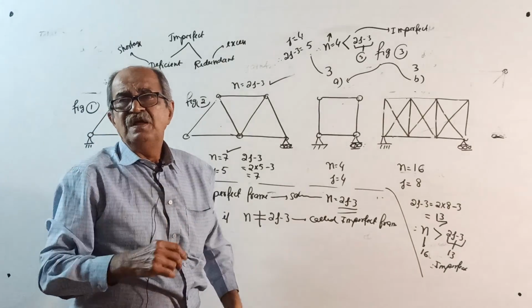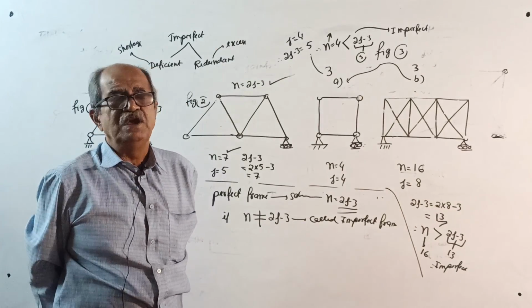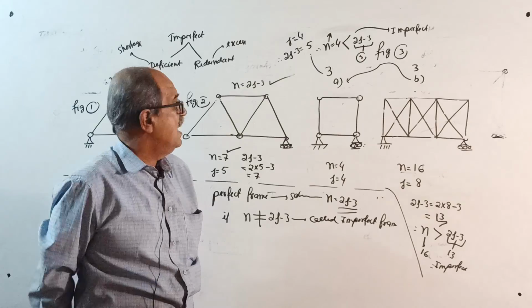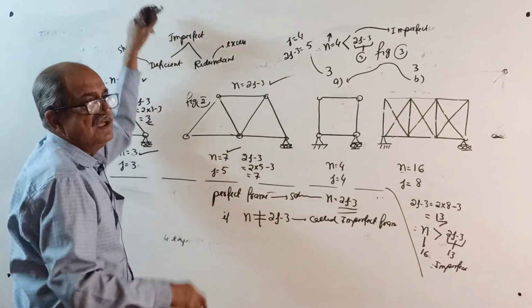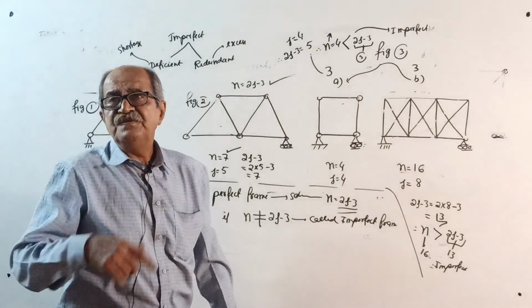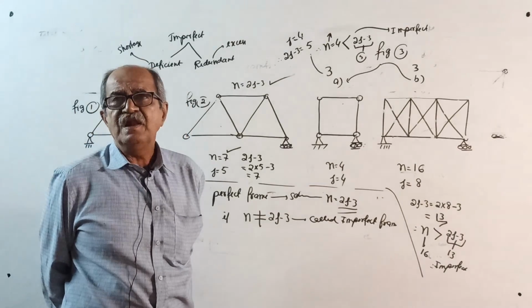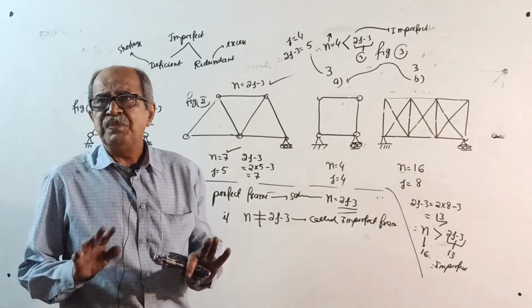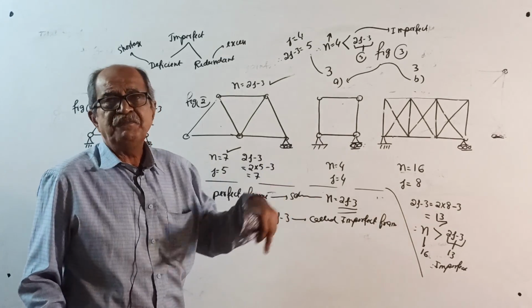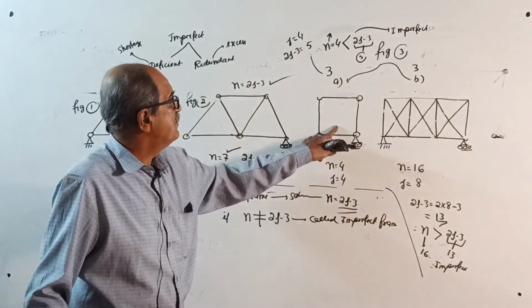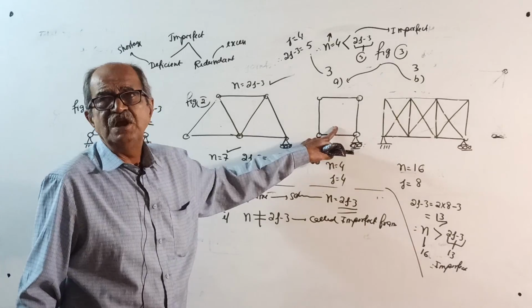I am dictating now. If n is equal to 2j minus 3, perfect frame. Already I told 2 examples here. If n is not equal to 2j minus 3, either less or more, it is called an imperfect frame. In imperfect frame, there are 2 types. Here n is less than 2j minus 3.